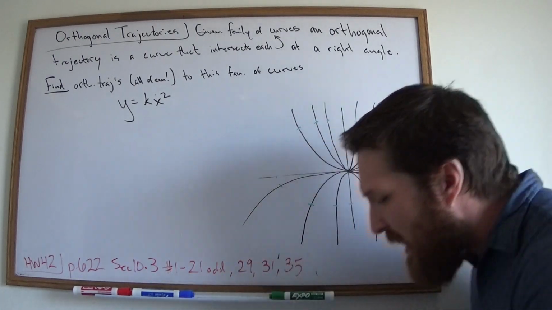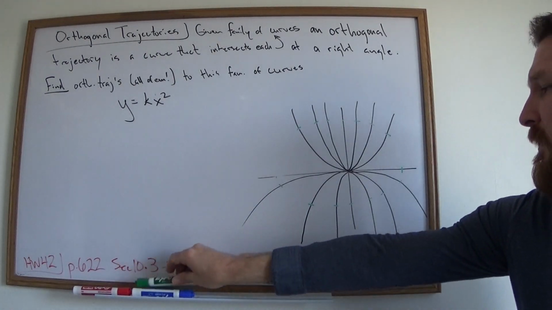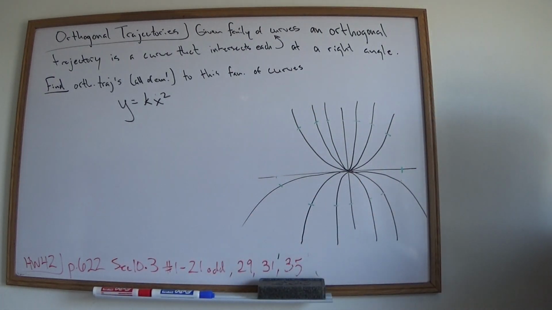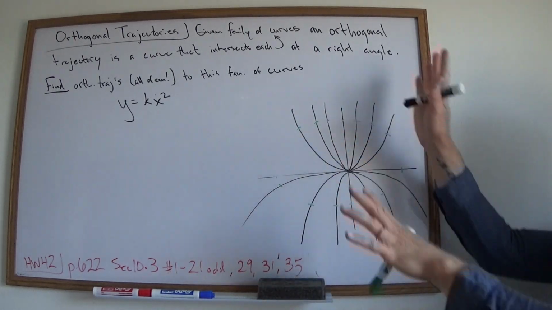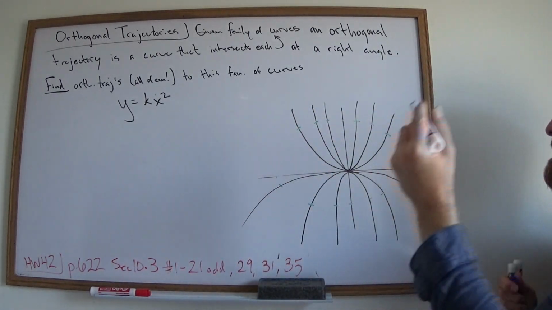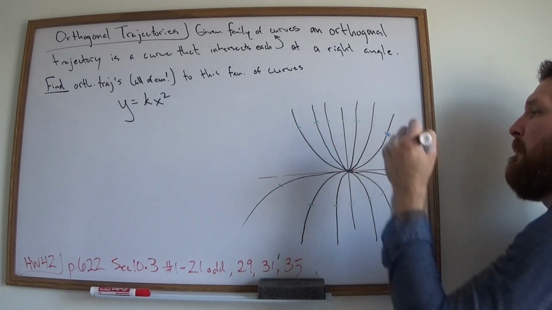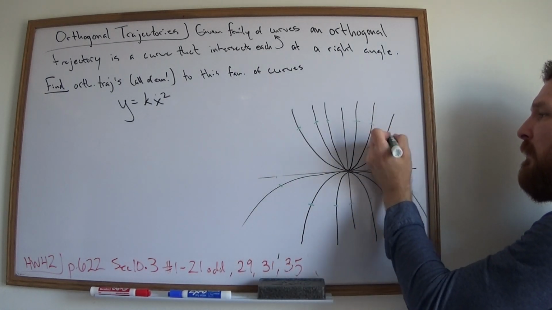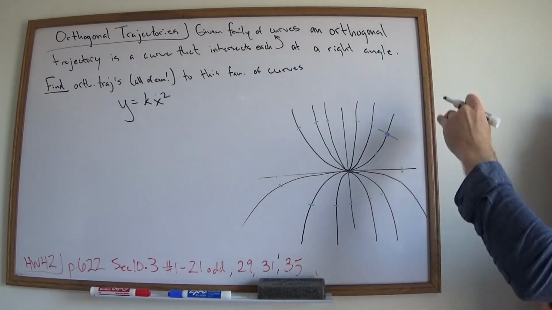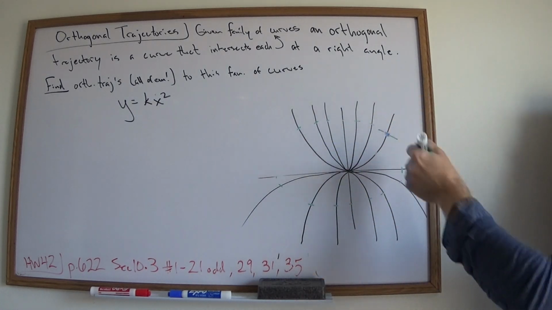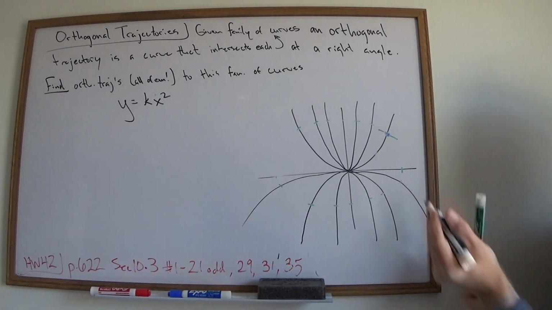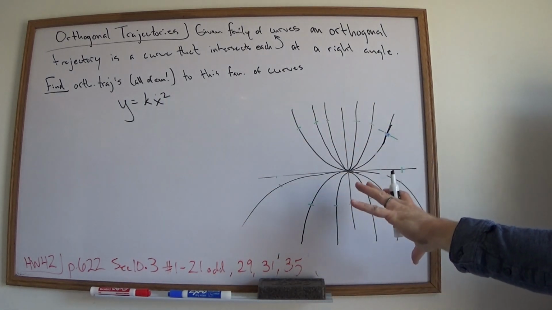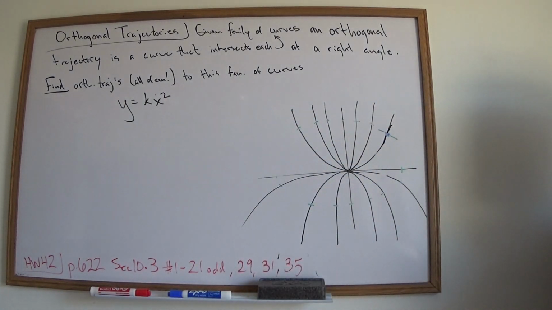What we're saying here is that this green function, whatever it is, has to have the property that its derivative, at any point on the plane, say this point, has to be at a right angle. It has to be perpendicular to the derivative of the black one. Every point on the plane has one of these curves going through it.